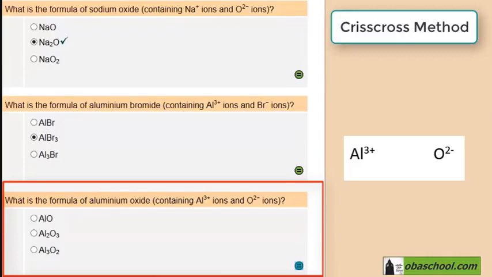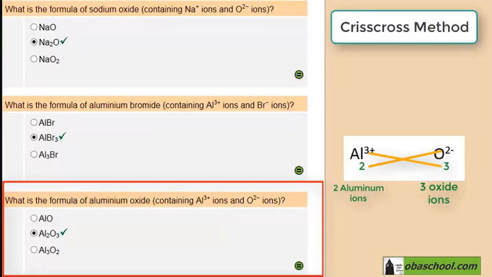As you see here, the 3 from the charge of Al3+ goes to the lower right corner of the oxide ion, and the 2 from the charge of the oxide ion goes to the lower right corner of the aluminum ion, and therefore if we read this we will get Al2O3, which means that we have 2 aluminum ions and 3 oxide ions in order to balance the charge and so that the total charge is 0.